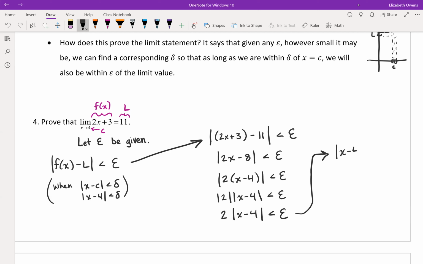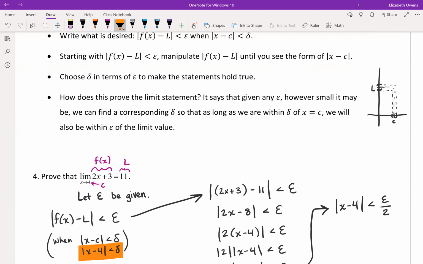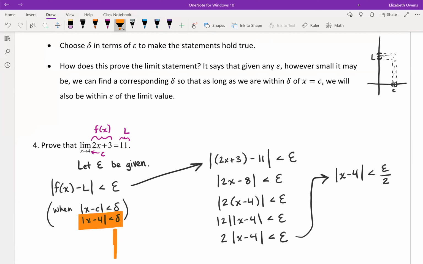So then the absolute value of x minus 4 is less than epsilon over 2. That is where this absolute value of x minus 4 statement appears. We see the form of absolute value x minus c, so it should be less than delta. There's the less than. This right here is going to be our delta.